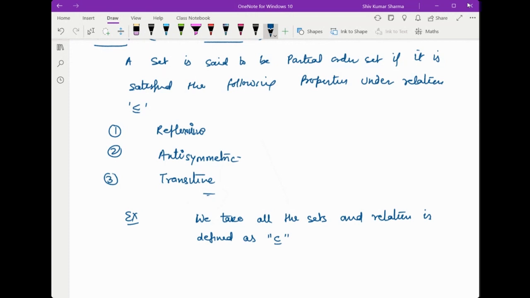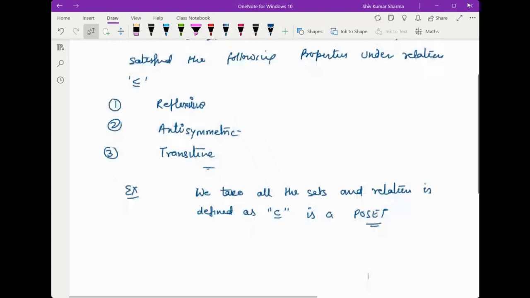That means the relation is defined as subset of. So this is an example of a POSET. First, the reflexive property: every set is a subset of itself, so it satisfies reflexivity.